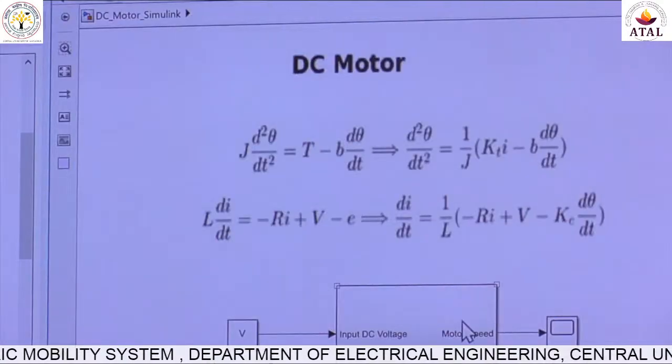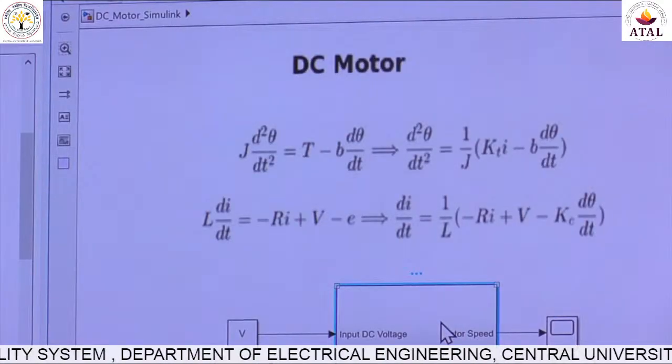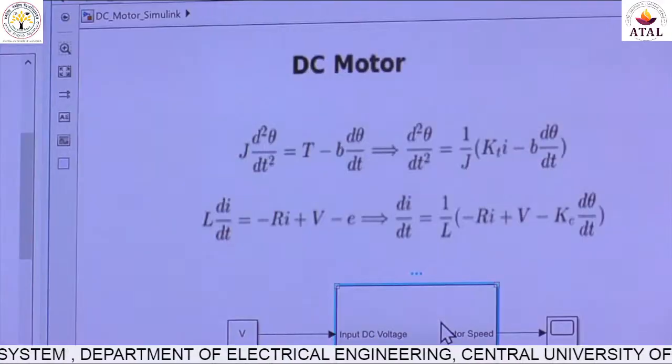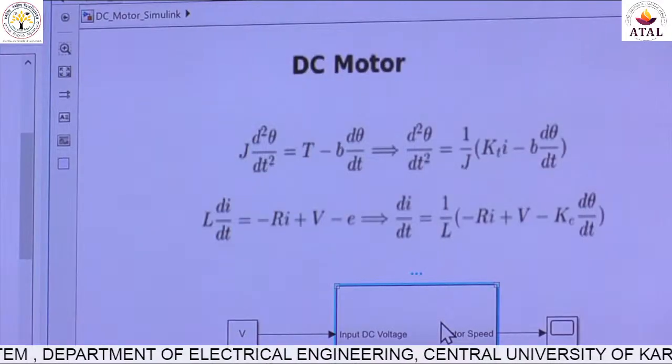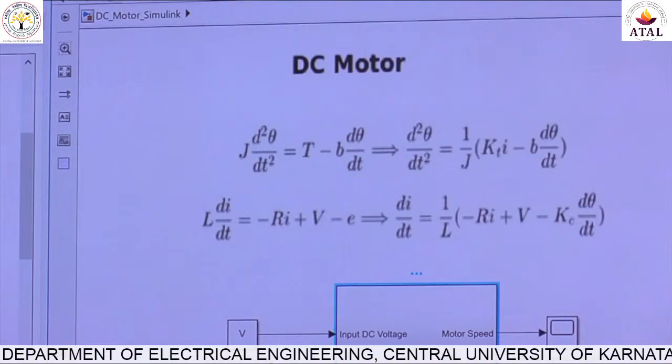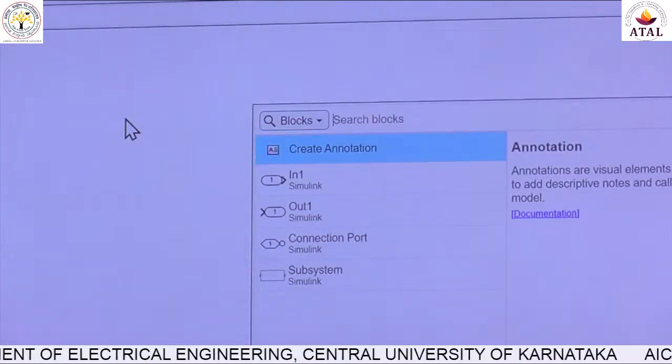And right now what we'll do here, I will minimize it temporarily. I will select this DC motor because this is the motor I want to do control. I want to do the control of DC motor. So I will copy this. I will come back here and I can paste it here.